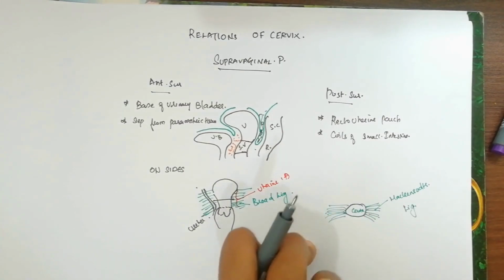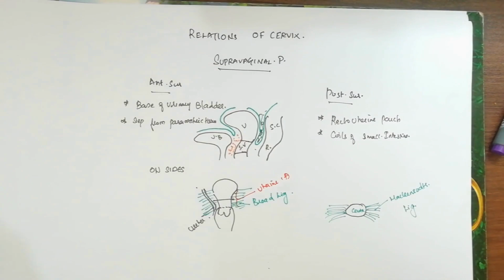Now we will move on to the important aspect, that is, we have some ligaments which are going to support the uterus to stand in proper position. So we have dealt with all the parts and the general features of the uterus. Now we will deal with the ligaments, which are very important structures to keep the uterus in proper position.